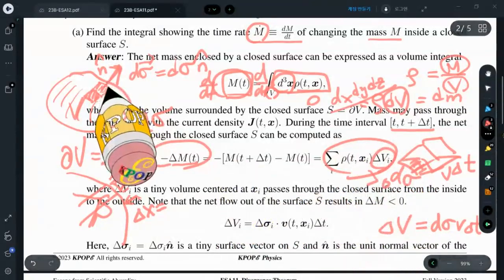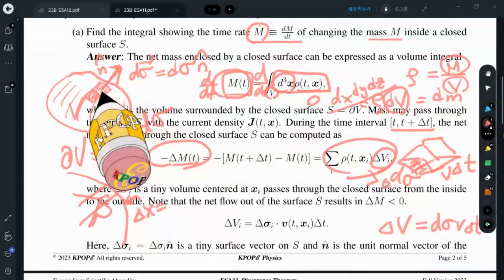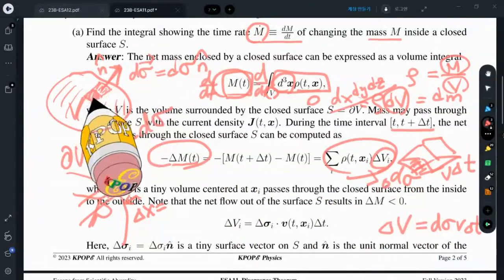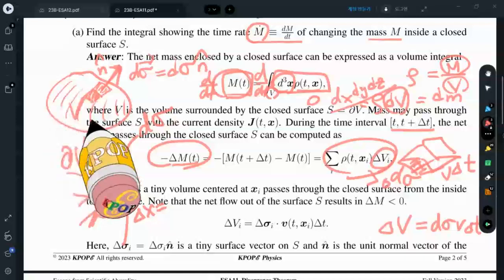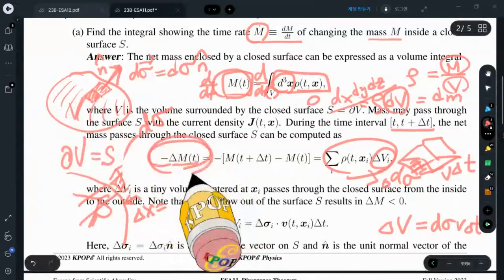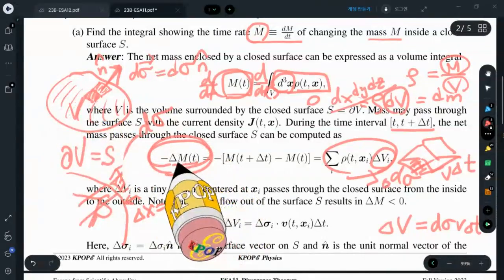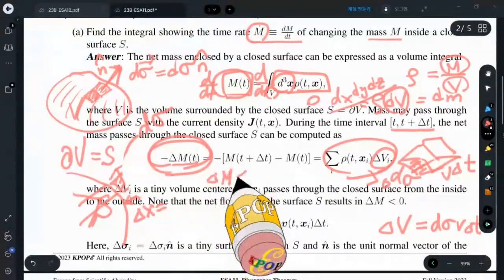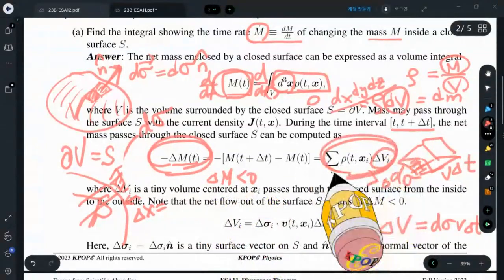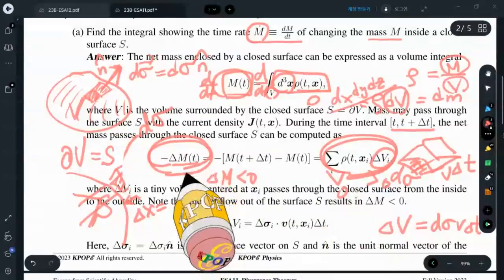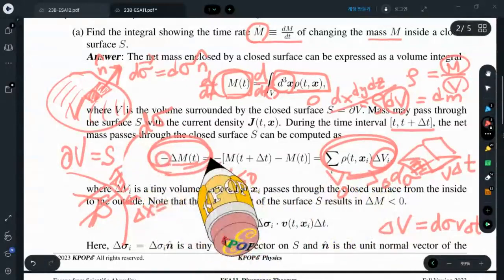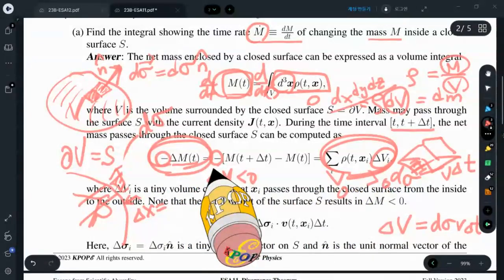However, the amount of mass that has passed through the surface has disappeared from inside. So the mass inside must decrease. So delta m is negative, but this amount is positive. To fix this error, I put the negative sign on it.